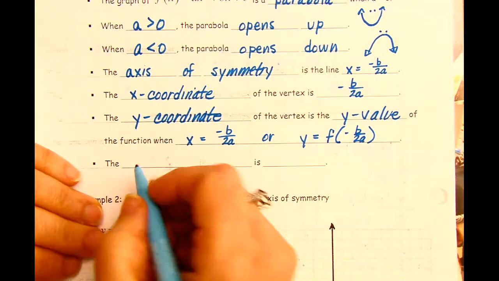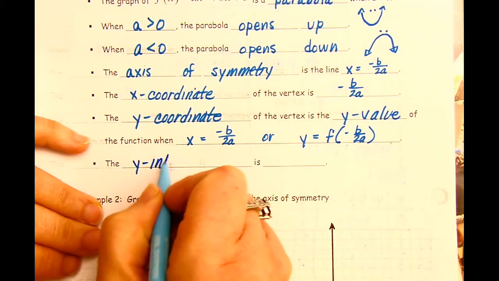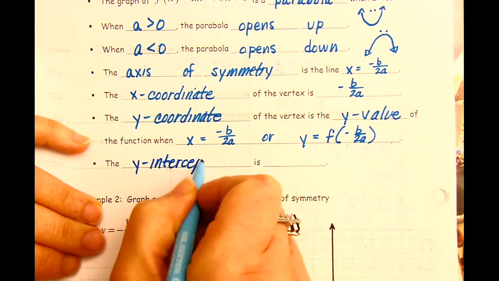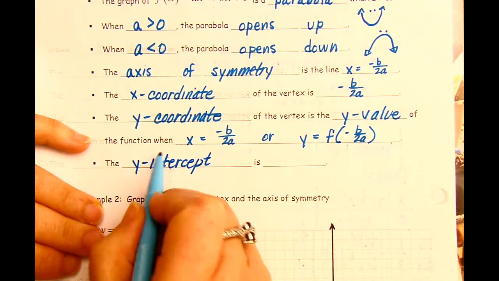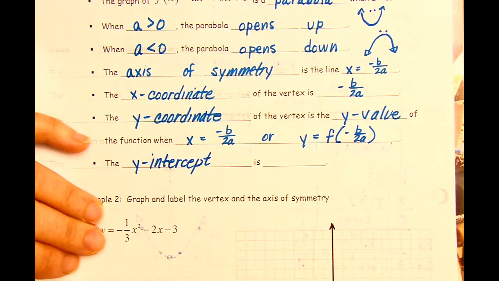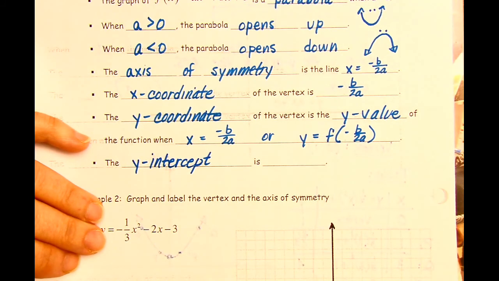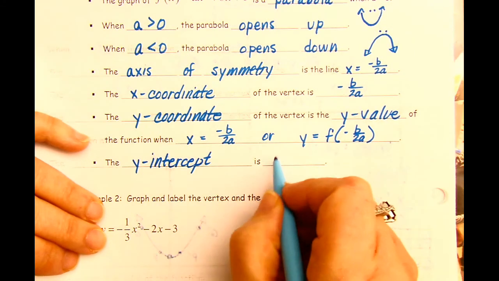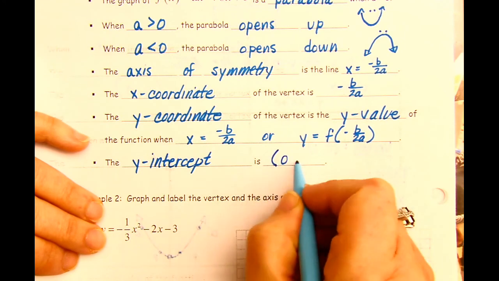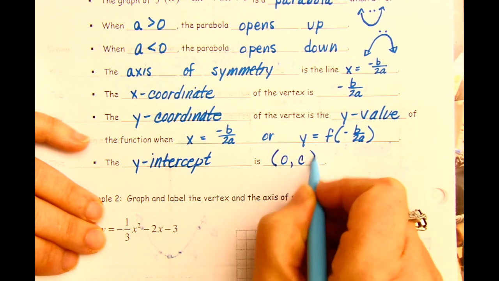The y-intercept is an ordered pair, and you must write it as an ordered pair. Now, think about this logically. If you're passing through the y-axis, anywhere through the y-axis, the value of x always is 0. So the y-intercept is 0, c.